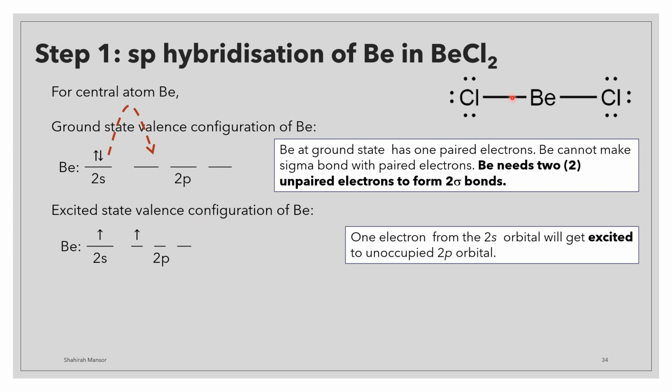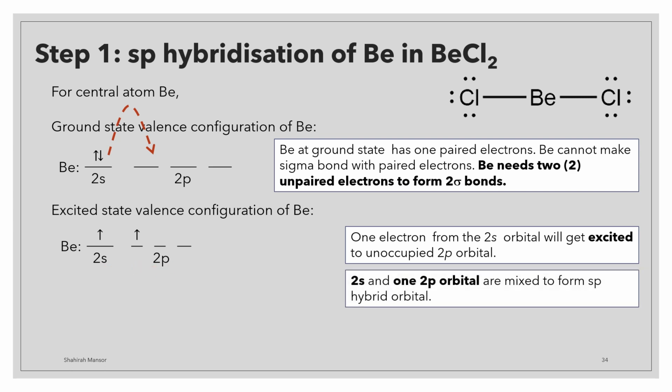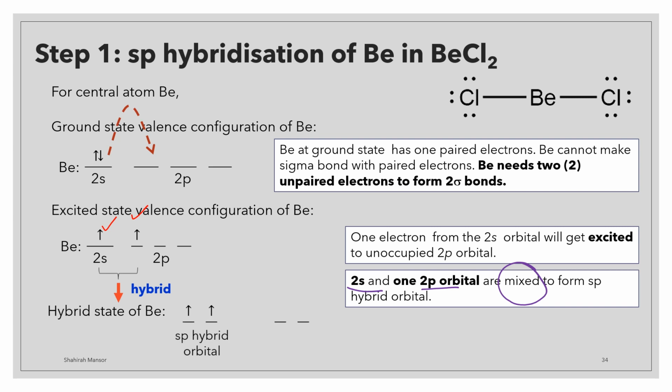And in order to form this bonding, okay, dan kita nak tunjukkan dalam bentuk orbital overlapping, kita kena pastikan these two orbitals having same energy level. But dalam bentuk 2s dan 2p, energy levelnya tidak sama. So, what we have to do adalah we are going to mix one 2s orbital and one 2p orbital of the beryllium. So, by mixing these two orbital, then we will get sp hybrid orbital.